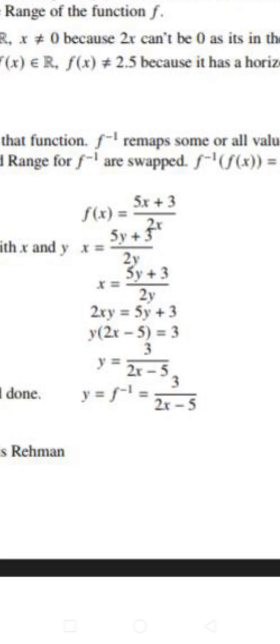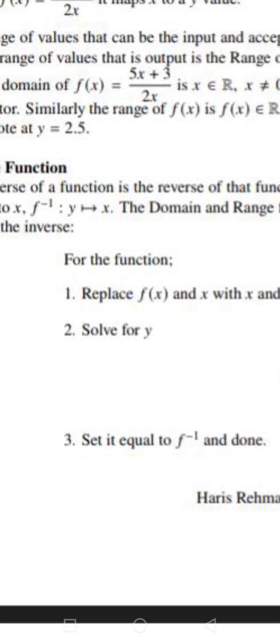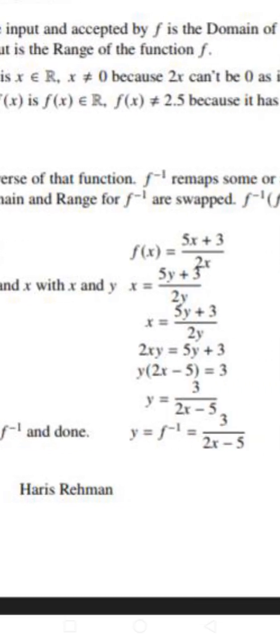You can do this change of variables another way too, like setting the equation equal to y and then solving for x instead. Here I taught you to replace x with y and f of x with x, and then you do the working. You solve for y.